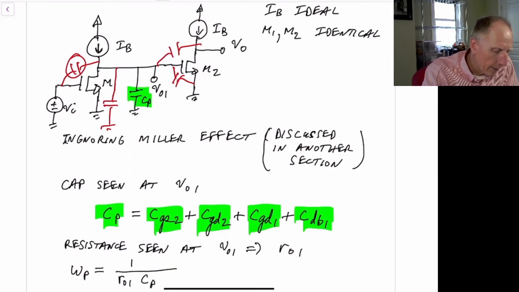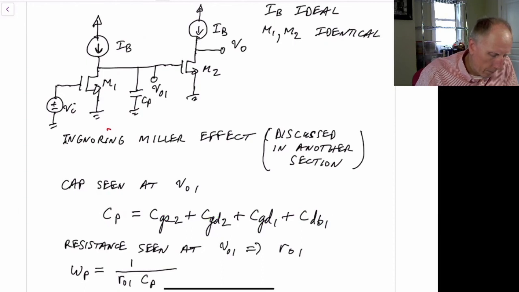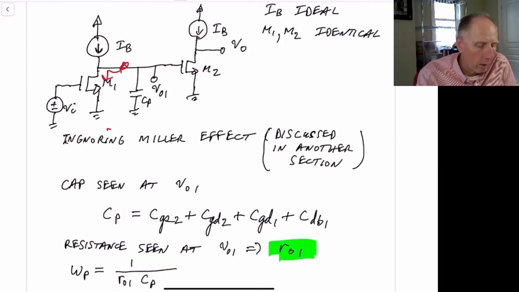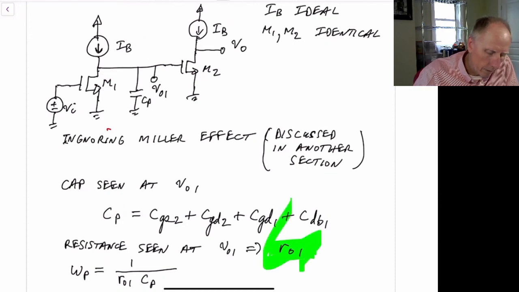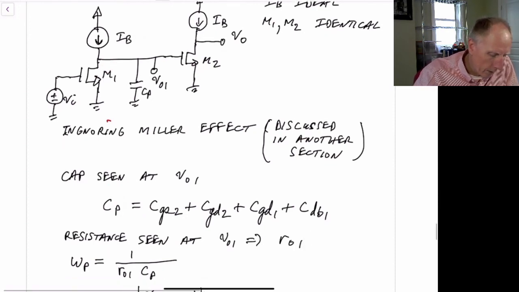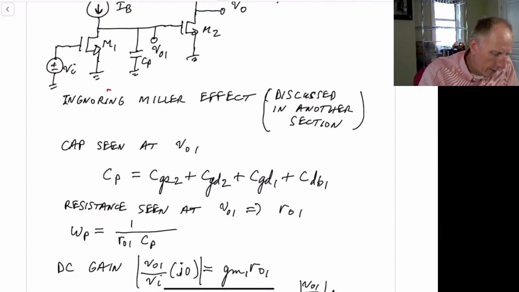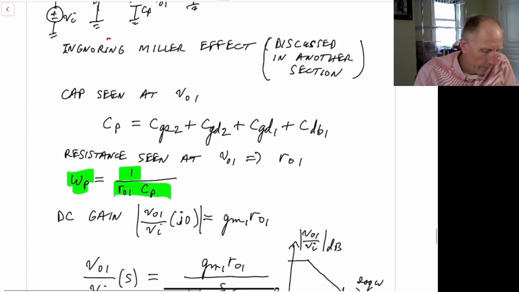So all of those capacitances are tied on to this CP1 at this node. The resistance seen at this node is just RO1, the impedance looking down. So we have that the pole frequency is just given by 1 over RO1 times CP.